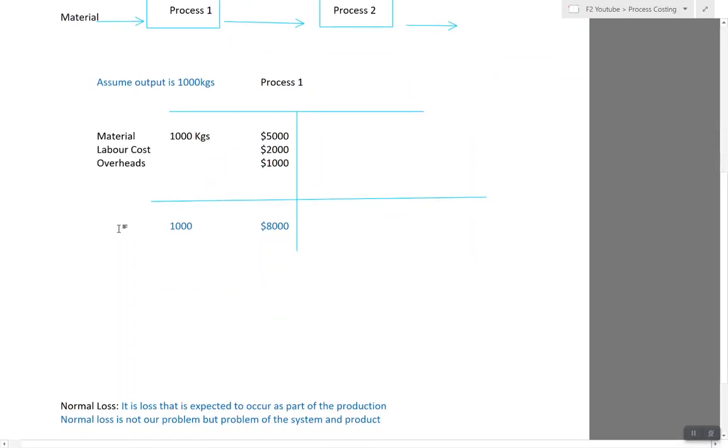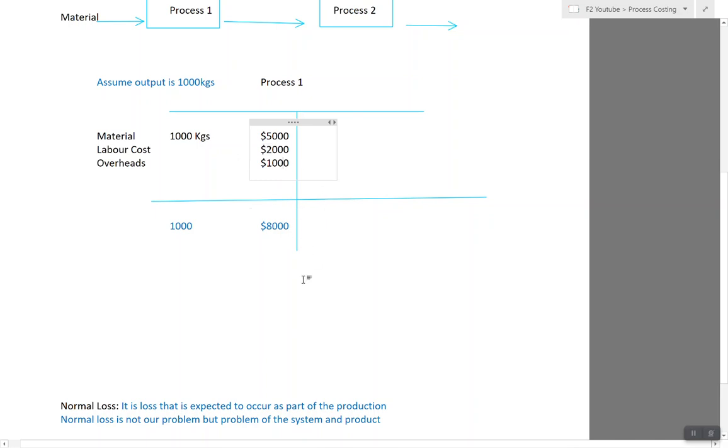I have a simple question here. Let's say we have 1,000 units that we input into process 1, in which we have 1,000 kgs. 5,000 is incurred for material, 2,000 is incurred for labor, and 1,000 is incurred for overheads.